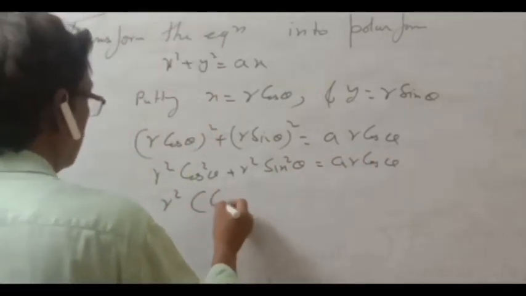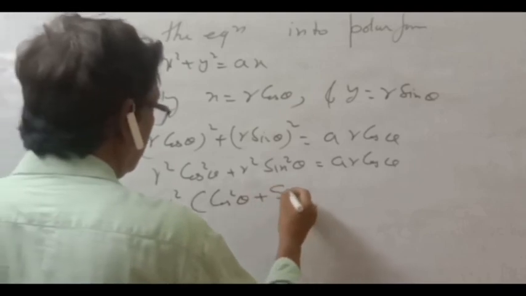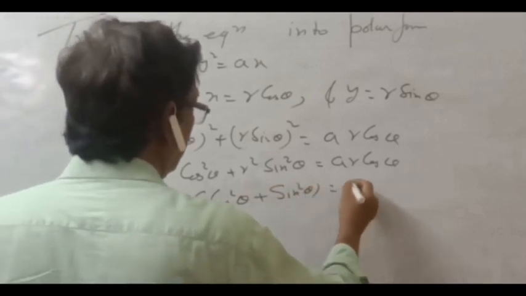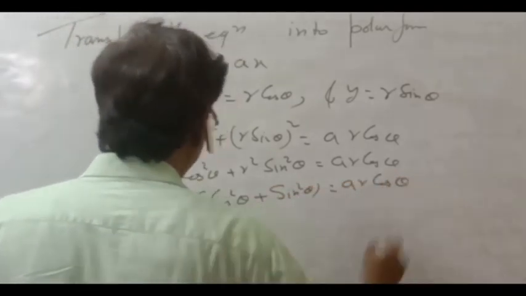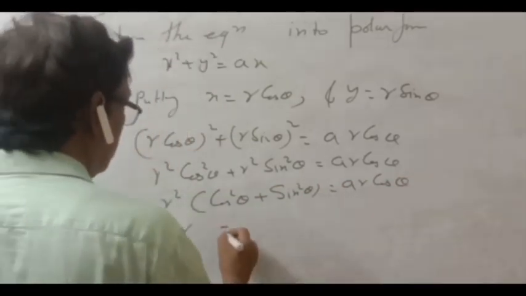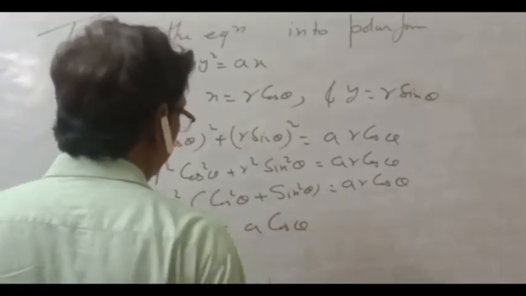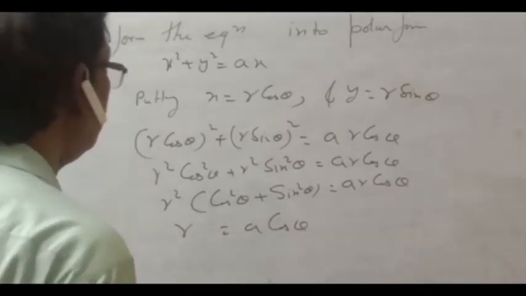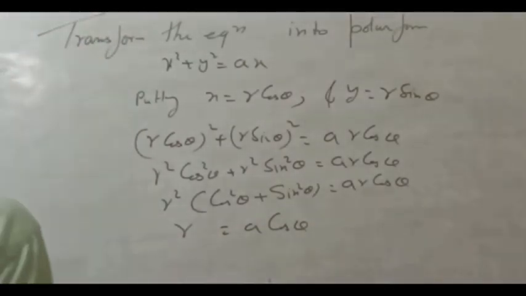R square cos square theta plus r square sin square theta is equal to a r cos theta. R square times cos square theta plus sin square theta is equal to a r cos theta, so r is equal to a cos theta. This is converted into polar form.